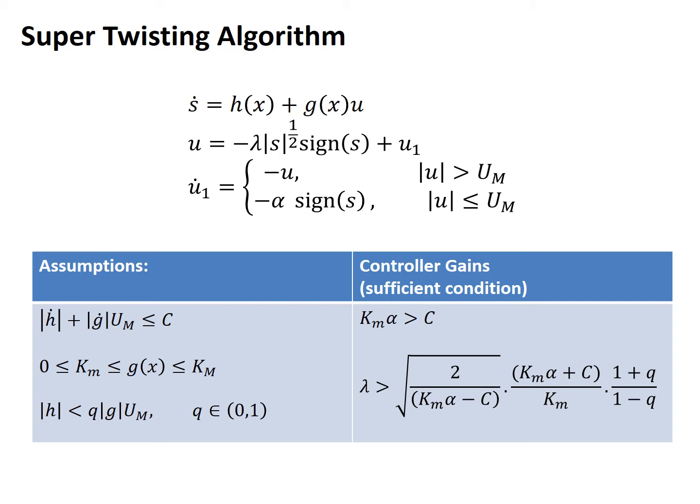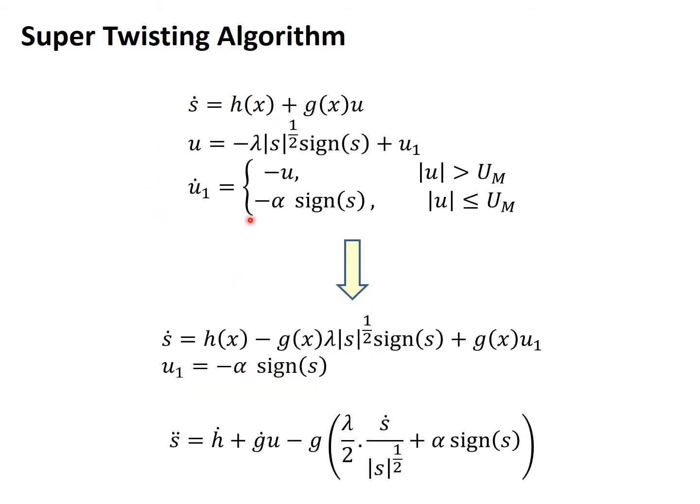Now we'll see what this actually is. This part is the same as this part. We can write this in this way. We simply plug in this U here, and when we plug in this U, this becomes this, where U1 is minus alpha sin S, right?